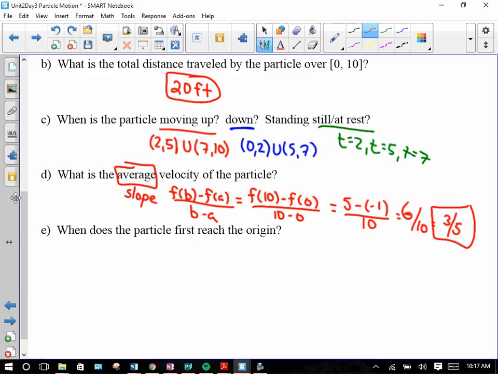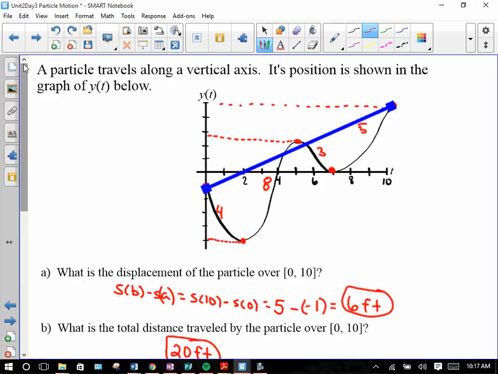Alright. So our final question is, when does the particle first reach the origin? Alright, again, we can look at the graph. So when does the particle first reach the origin? So what does that mean in this? Exactly.